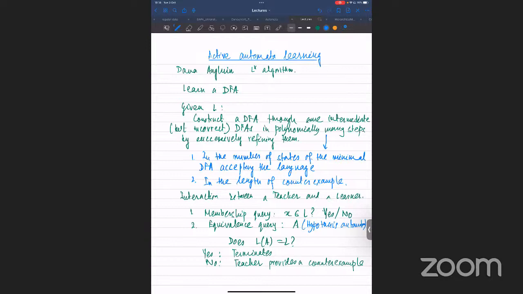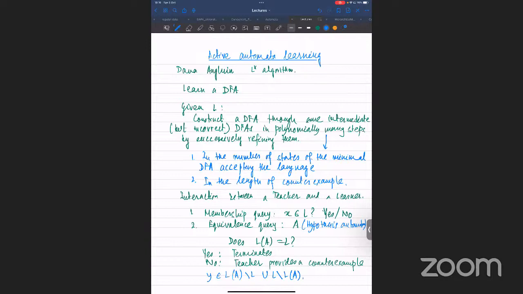The teacher provides a counter example if the hypothesis automaton is not the automaton that you are looking for. And what is a counter example? It's a string y which belongs to L minus L of A union L of A minus L. Clear?